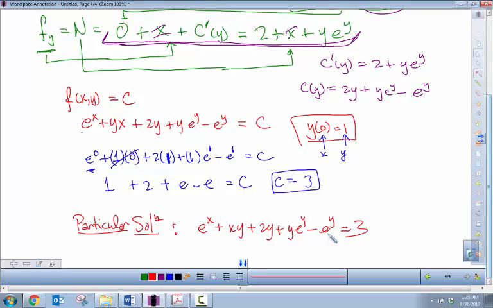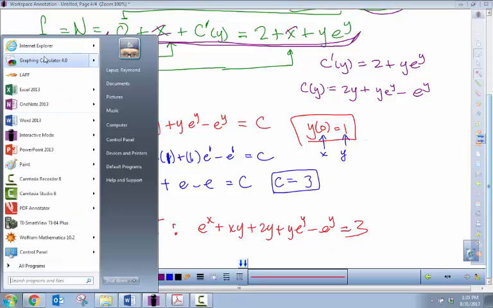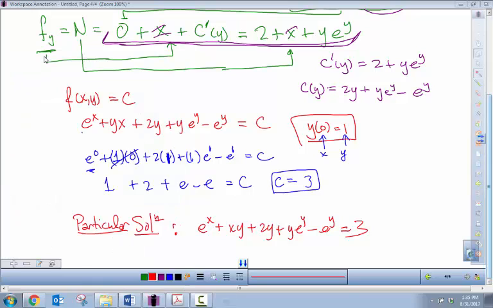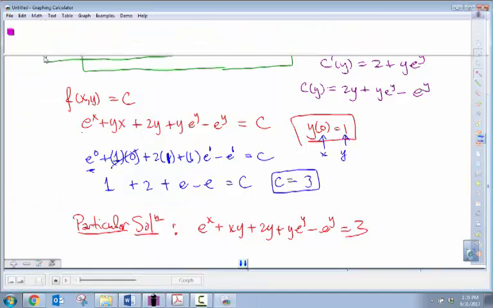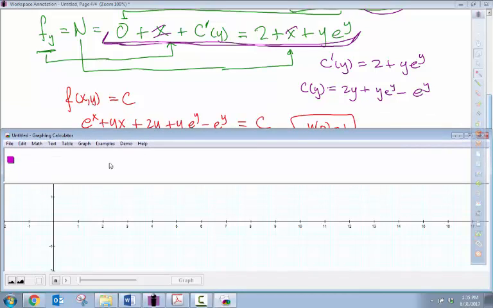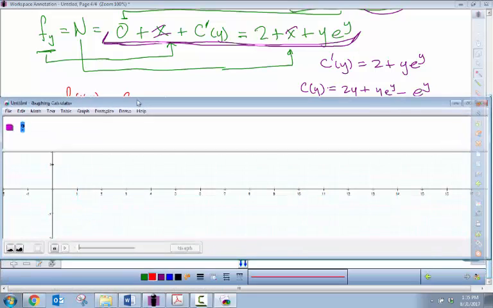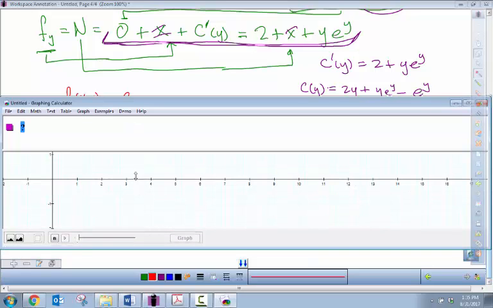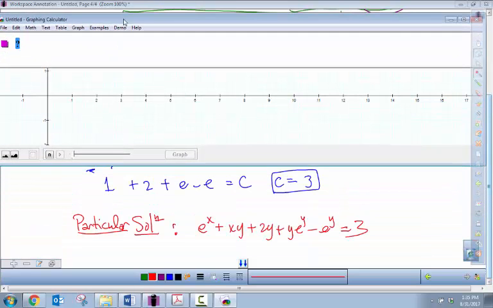Yeah. So I don't know if I remember how to do the differential slope fields here. Well, let's see. What if I just type the solution and see what happens?